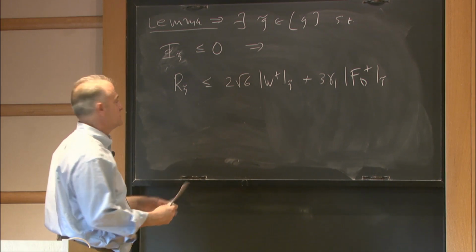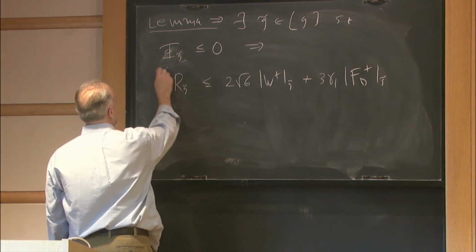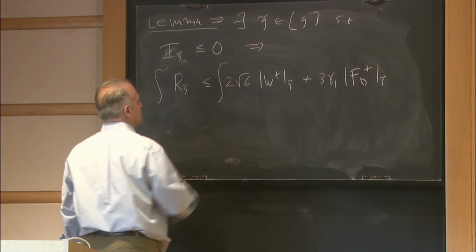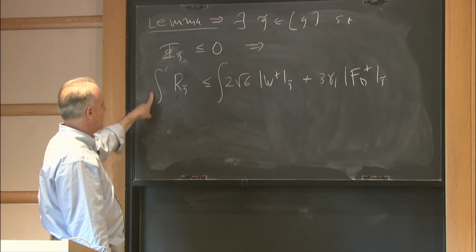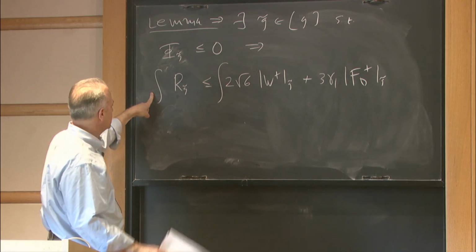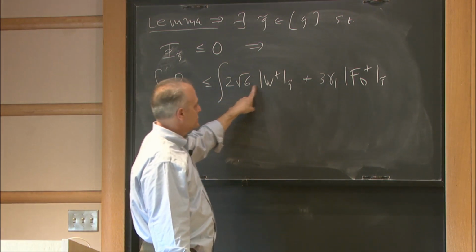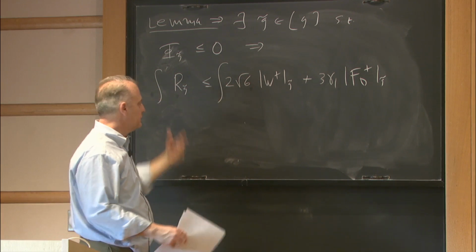You just integrate both sides. So if I integrate both sides with respect to the volume, so this is bigger than or equal to the Yamabe invariant times the power of the volume, namely the square root of the volume. Right? Use Cauchy-Schwarz. In each case, I get a factor of square root of the volume, which I just cancel out. Okay?